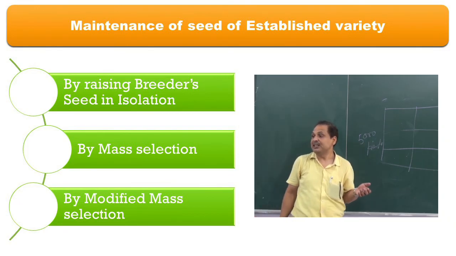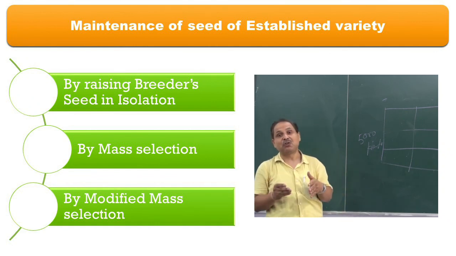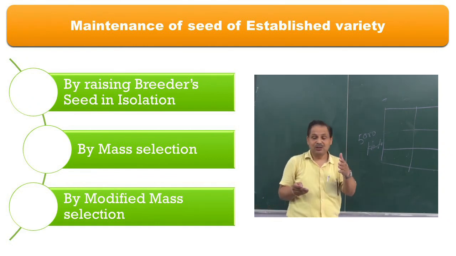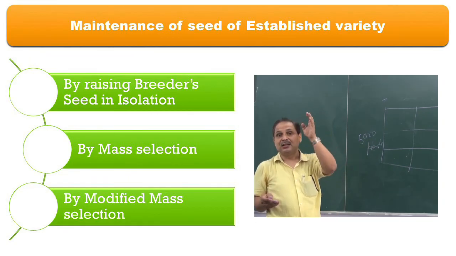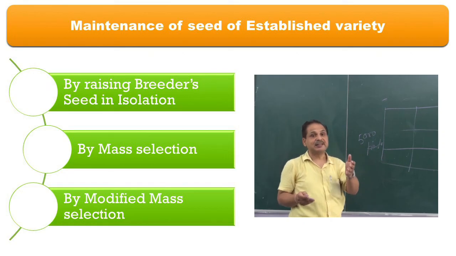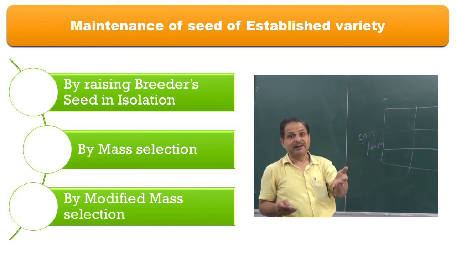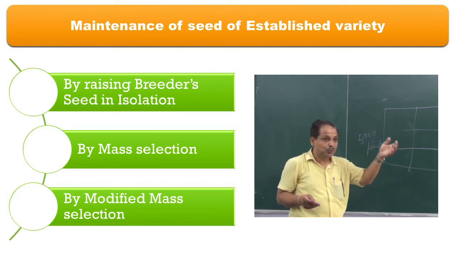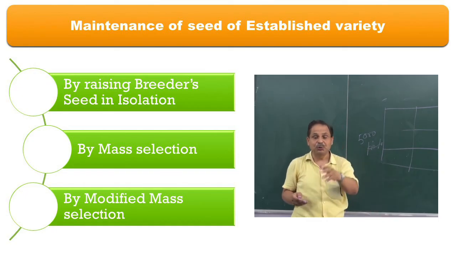Next is the maintenance of seed of established varieties in the case of cross-pollinated crops. As we know, there are established varieties, composites and synthetics, or even hybrids that are established, not newly released.